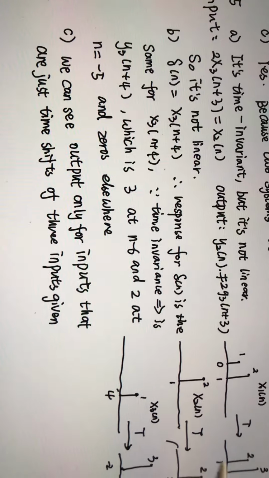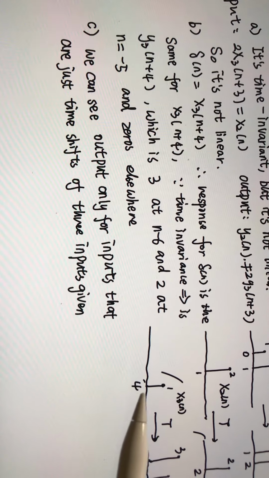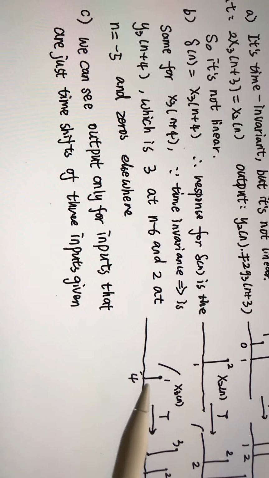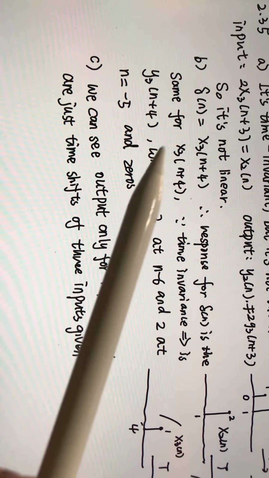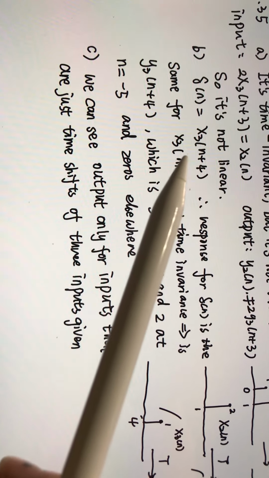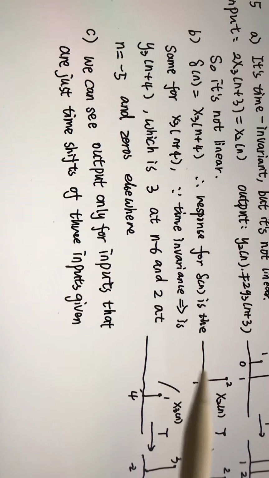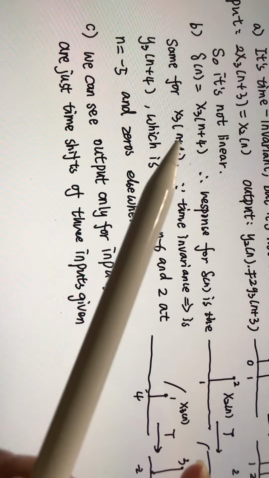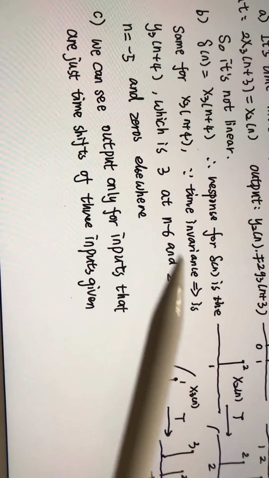So for this part, if we use the third function, we can see that we need to move this from 4 to 0. So delta[n] equals x3[n+4]. And the response of delta[n] is the same as for the x3[n+4] function.